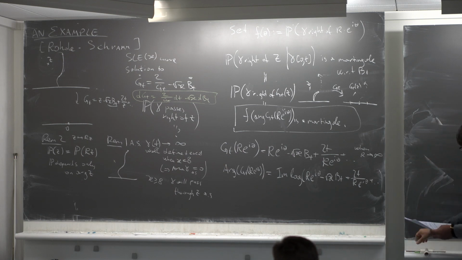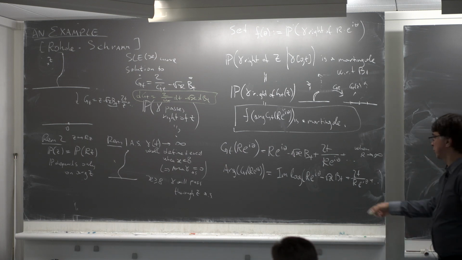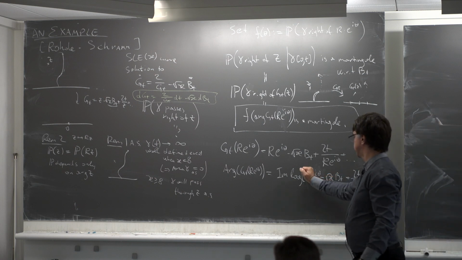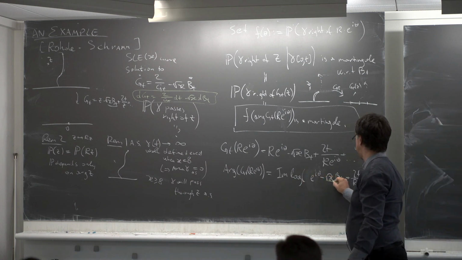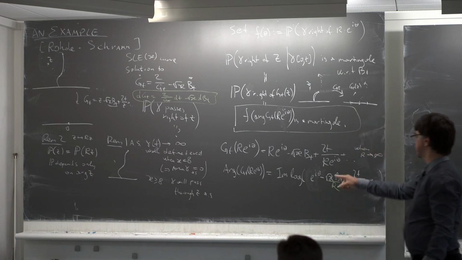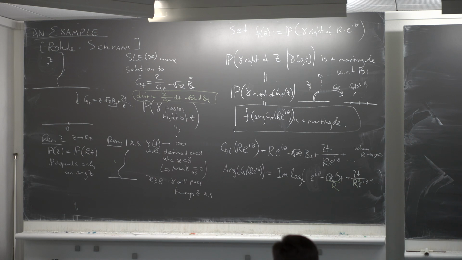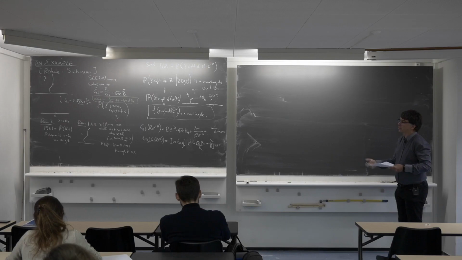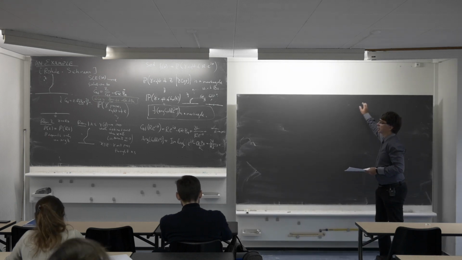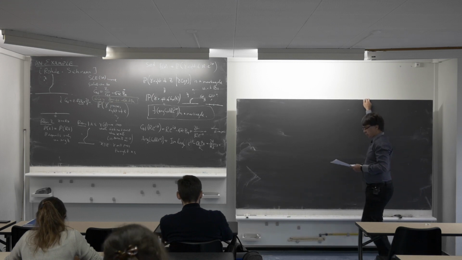In principle, the imaginary part of the logarithm doesn't change when you divide by R, so I can just divide by R. So I will have this formula, an expansion in R. And then I can write the Taylor expansion for the logarithm. Maybe I'll do it on a different blackboard so that I have more space.